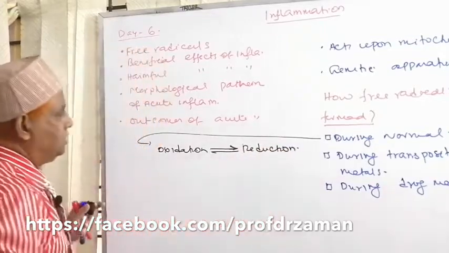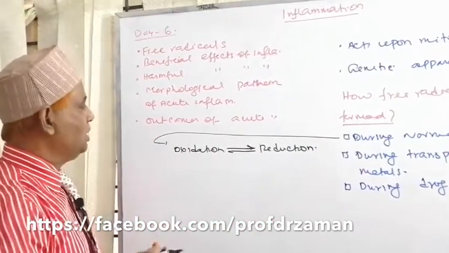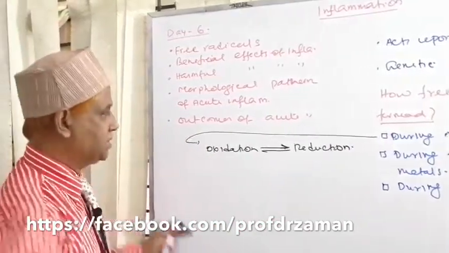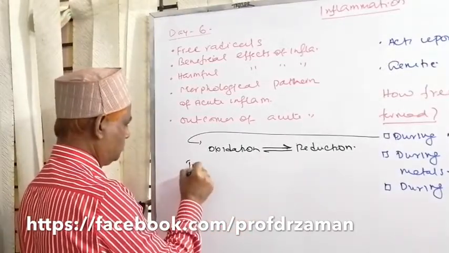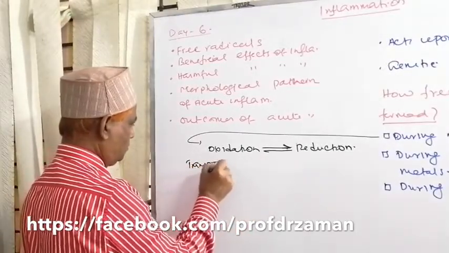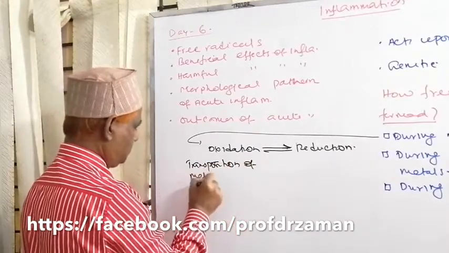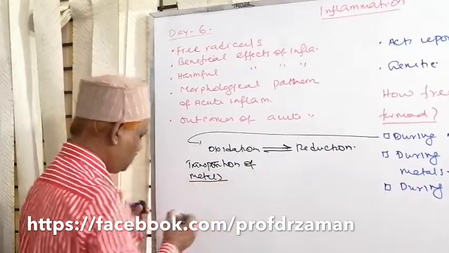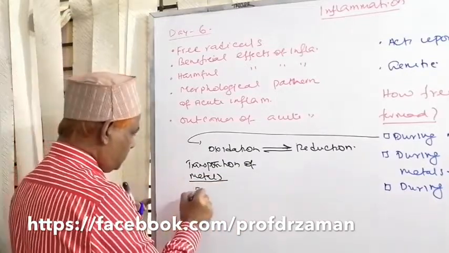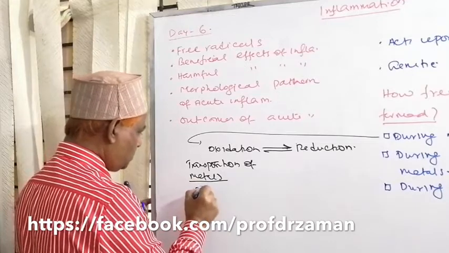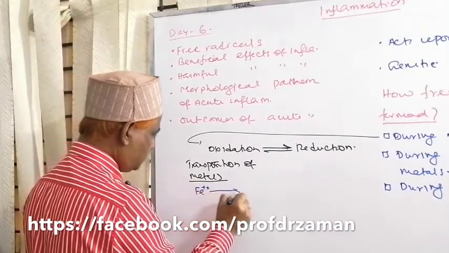As there is oxidation and reduction during normal metabolism, there is formation of free radicals. During transposition of metals, dear audience, you know iron has two states, one is ferrous, another is ferric.